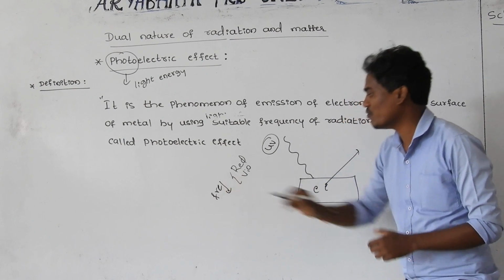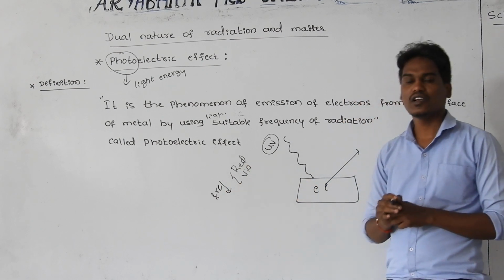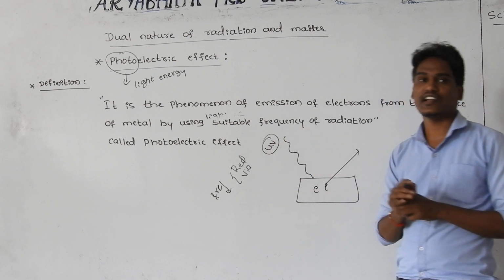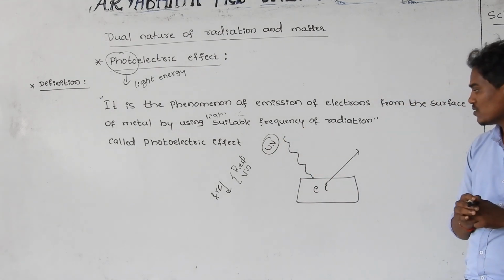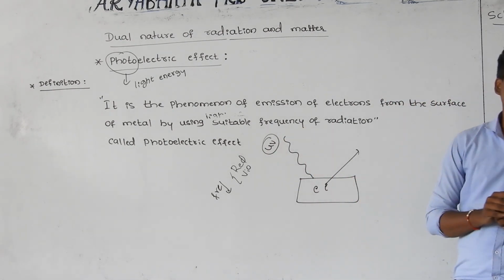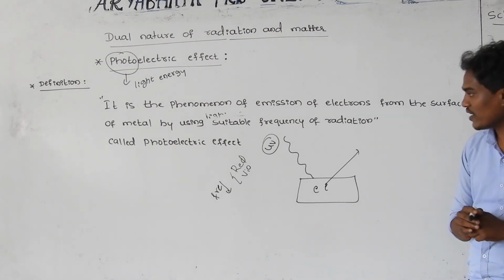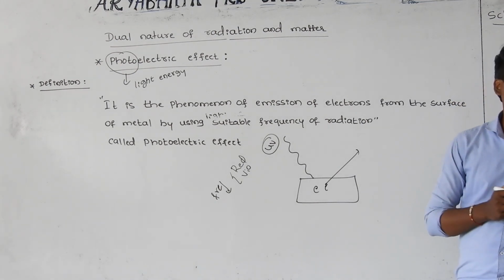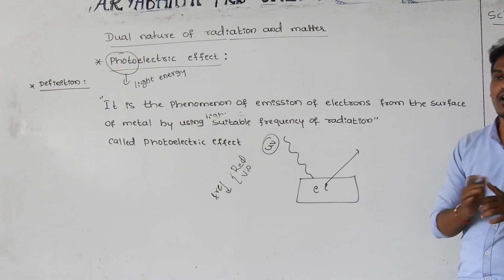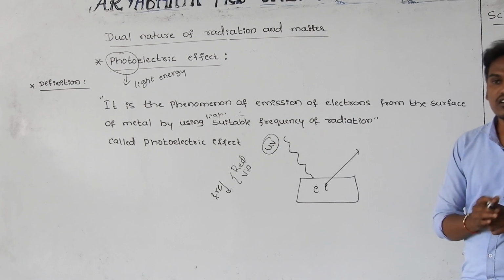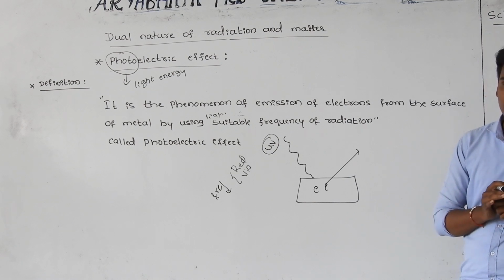Their frequency is very low compared to ultraviolet radiation. In this case, there is no emission of electrons from the surface of the metal. That's why, in order to emit electrons from the surface of the metal, we require radiation having a suitable frequency.